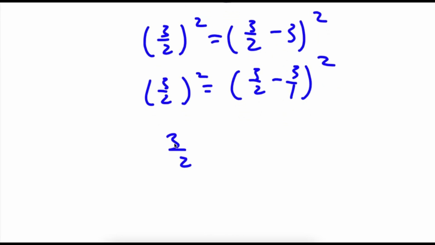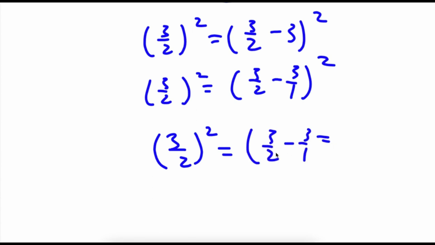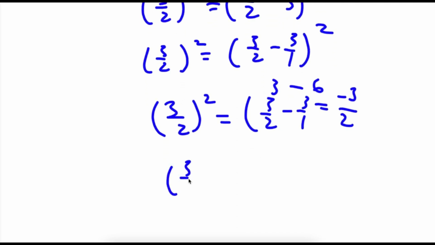Now I have (3 over 2) squared is equal to (3 over 2 minus 3 over 1), which is equal to 2 times 1 is 2, 1 times 3 is 3, minus 2 times 3 is 6. So I have 3 minus 6, which is equal to negative 3. So now I have (3 over 2) squared, which is equal to (negative 3 over 2) squared.